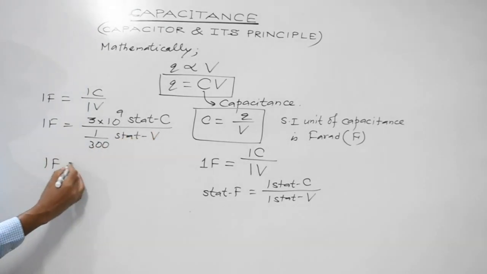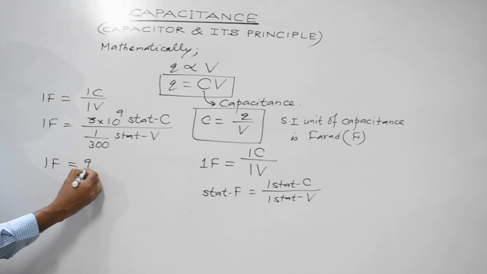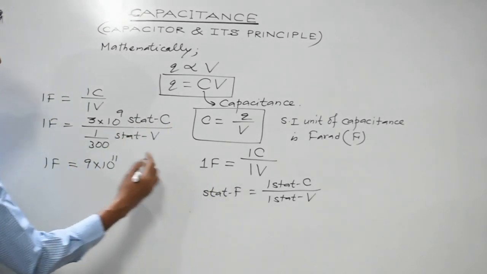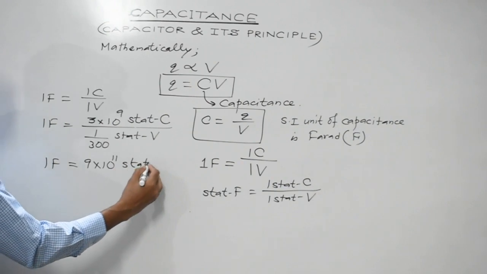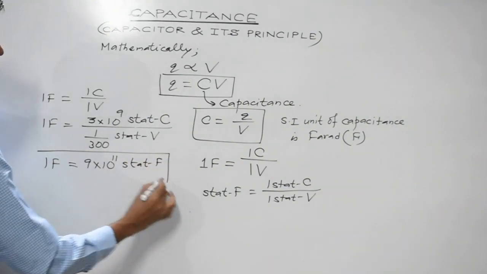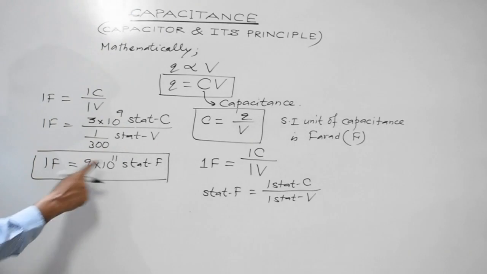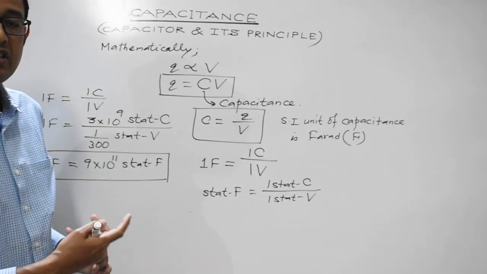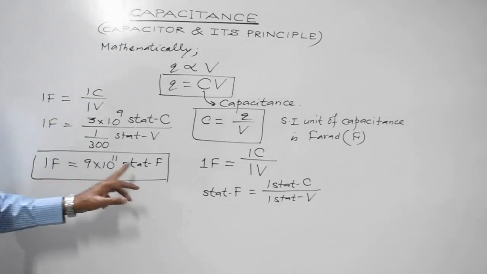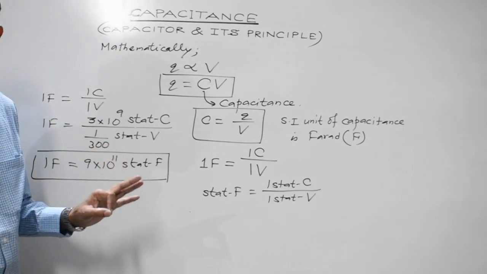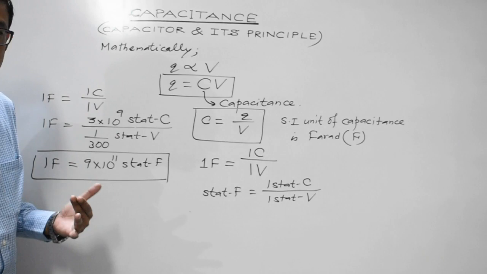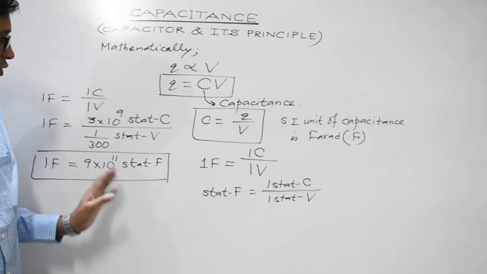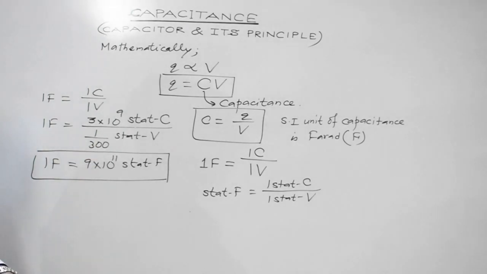So 1 farad would be equal to 9 into 10 to the 11 stat coulomb divided by stat volt. That will give us stat farad. So this gives the relationship between the SI and Cgs Electrostatic Unit of Capacitance. Farad is the SI unit of capacitance and stat farad is the electrostatic Cgs unit of capacitance, right? So this is the relationship in these two.